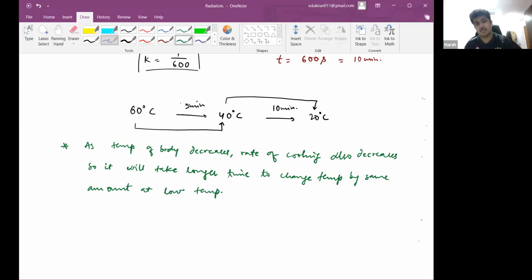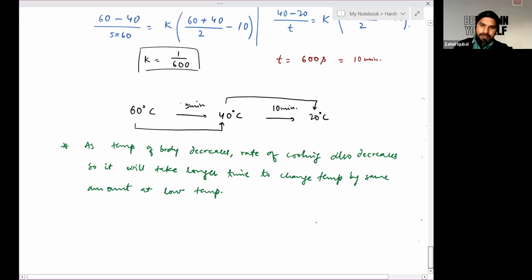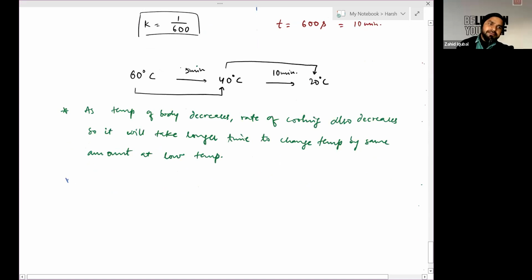Now from this part, you may be asked: suppose a body is initially at 100 degrees Celsius and its temperature is decreasing like this. Let's say the time duration for this part is T1, this part is T2, and this part is T3.